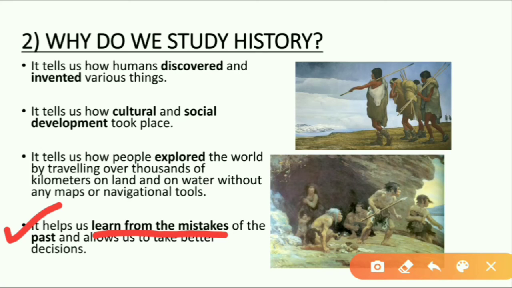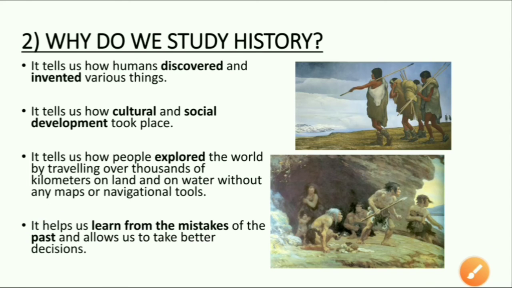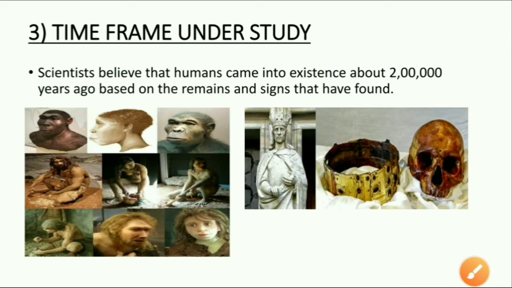Okay, now coming to the third topic, that is the time frame under study. See, scientists believe that humans came into existence about 2 lakh years ago based on the remains and the signs that have been found. It is believed by the scientists or scholars who study history and write about the past events.